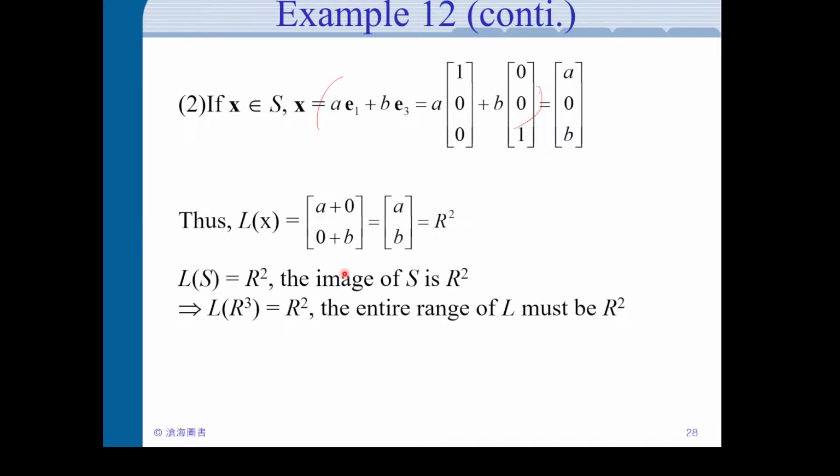Okay, so you see that any vector ab inside R2 can be met from this A0B vector in R3, and so everything inside R2 has a pre-image, so the entire R2 is the range of L.